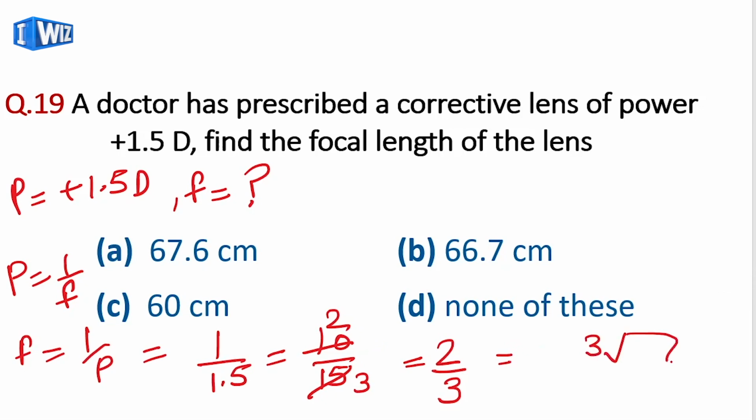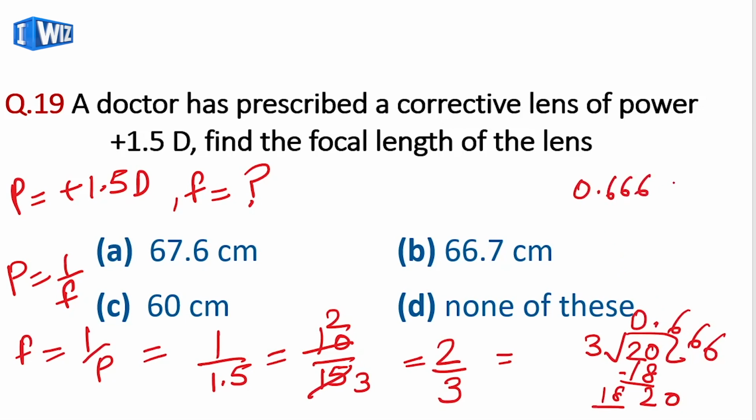When you divide 2 by 3, 0.6666, and this goes on and on. I already told you that focal length is always in meters, but they have given options in centimeters.